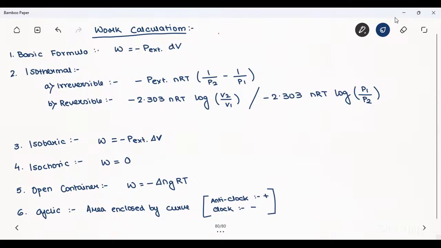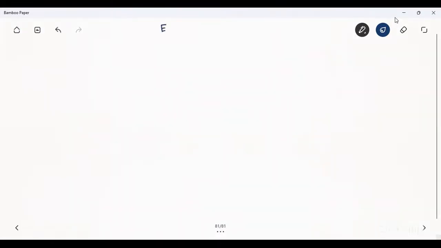So then we started with enthalpies. Okay, we have learned a lot in enthalpy, right? We have learned the basic formula. What is the basic formula?